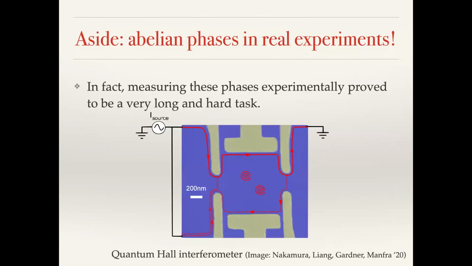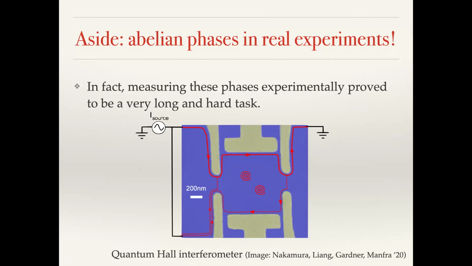And, in fact, in a very brief digression, I want to say, this was a decades-long saga to do experiments to even detect the braiding phases in quantum Hall systems with abelian quasi-particles.